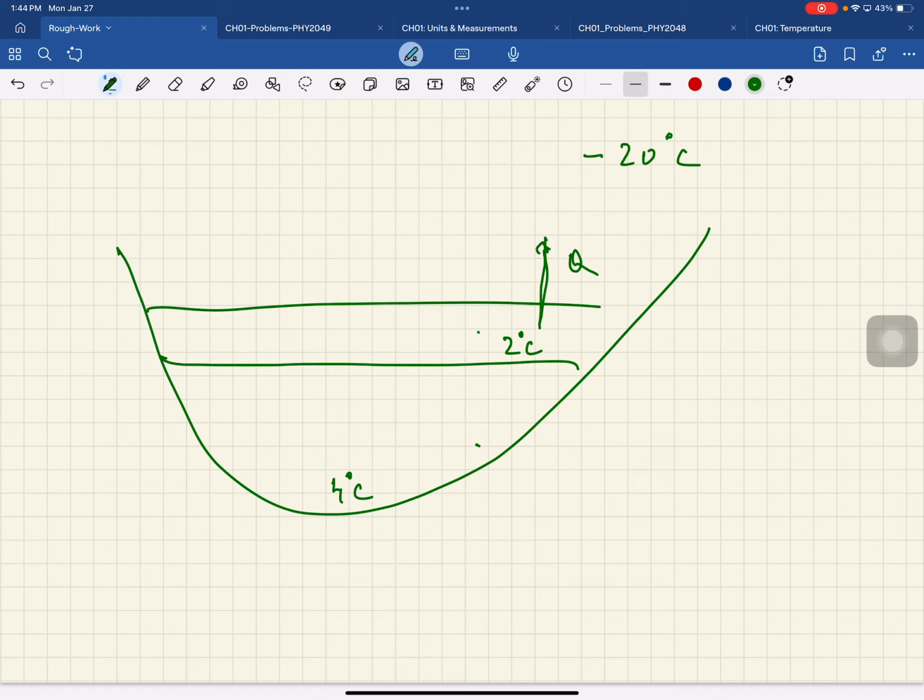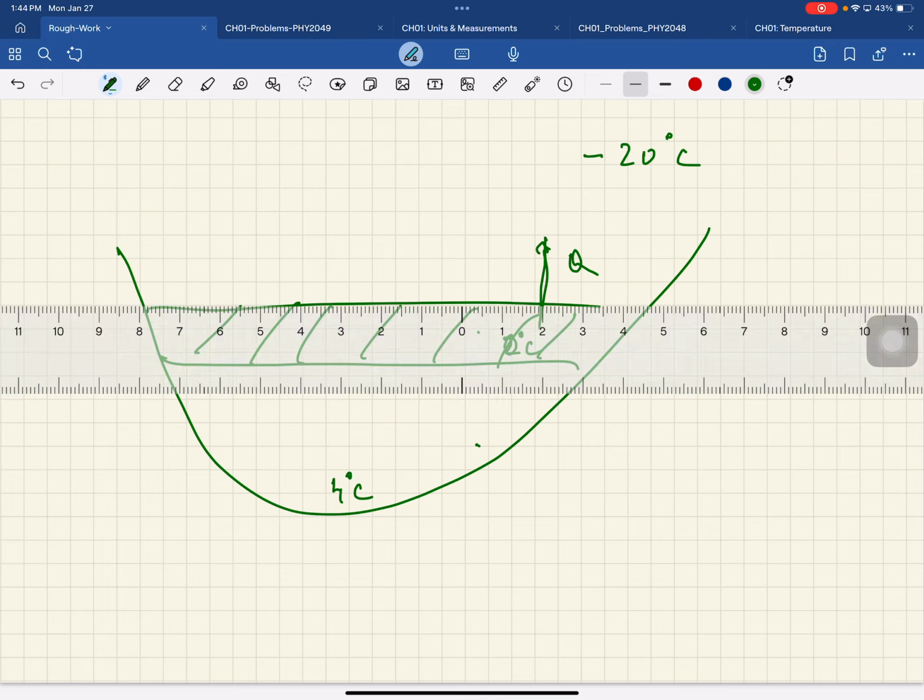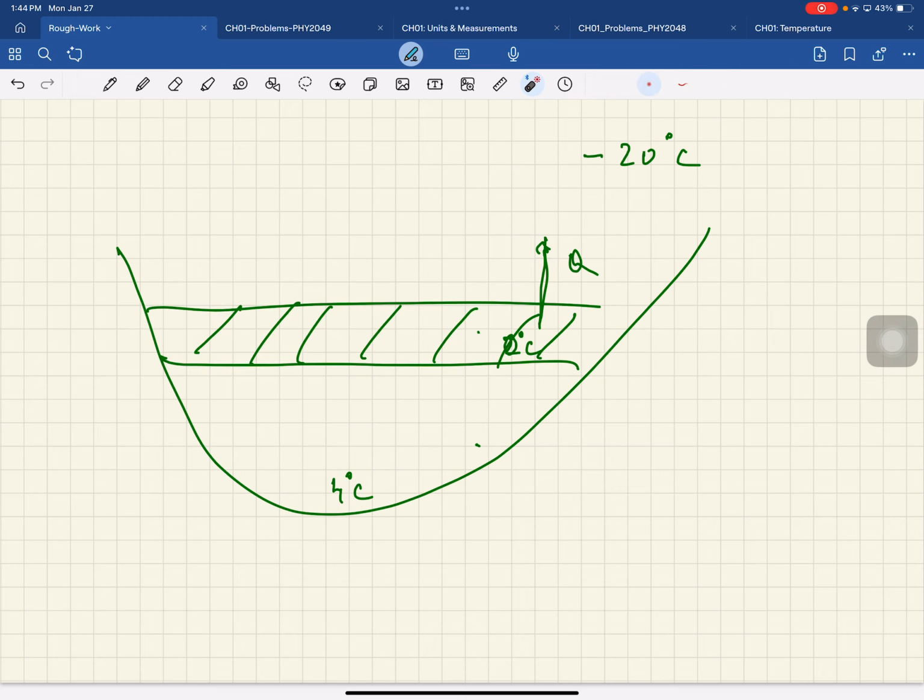Heat still flows, so this becomes 0 degrees Celsius. Eventually this will freeze. And now the density of ice is less than that of water, and this won't sink. And now this is a good blanket. Now heat is not flowing as much.